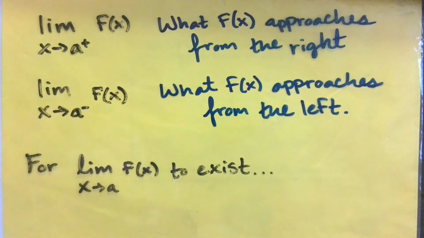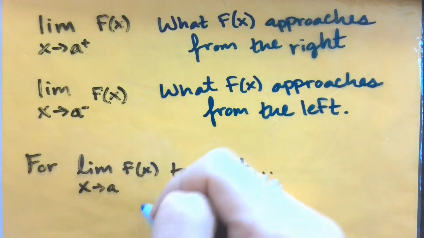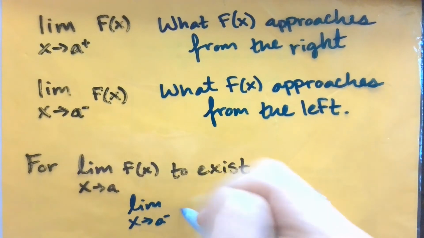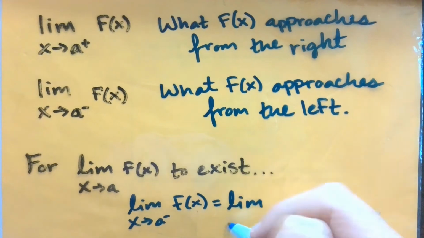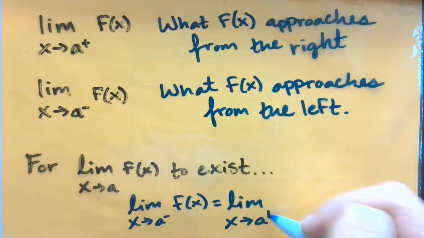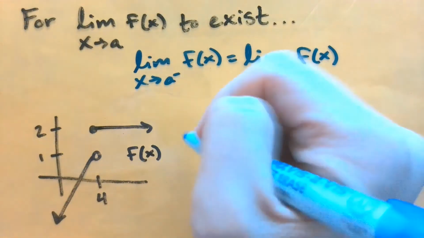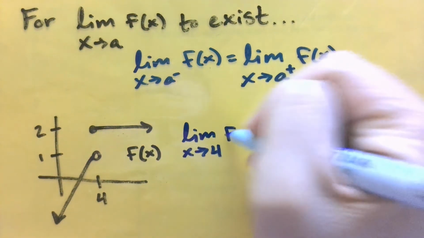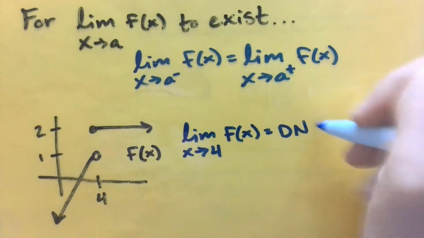For an overall limit to exist, both of these values have to be the same thing. So essentially, your limit as x approaches a from the left of f of x has to be the same as whatever the limit as x approaches a from the right of f of x is. So for example, the limit as x approaches 4 of f of x, we would say does not exist.